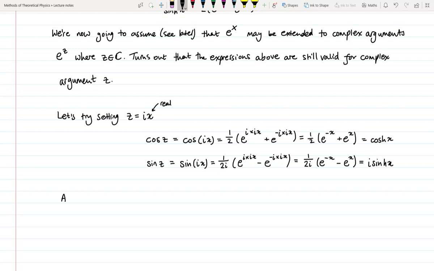It's also easy to show that cos of x is cosh of ix, and i times sine of x is the sinh of ix. So this shows the deep link between trigonometric and hyperbolic functions when you move to complex arguments.